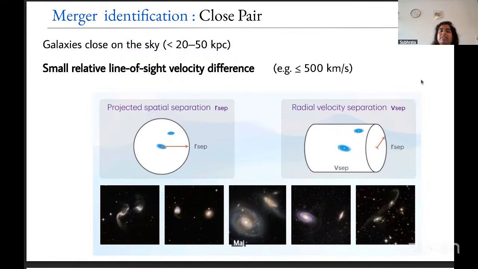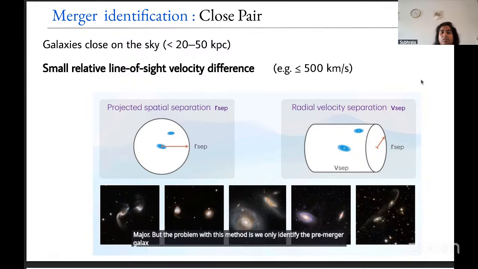But the problem with this method is we only identify the pre-merger galaxies, not the post-merger or merging galaxies. So there is one drawback with the close pair method. And also, as we know, getting spectroscopy of galaxies is quite intensive, difficult. So close pair indeed becomes difficult for identifying merger galaxies.